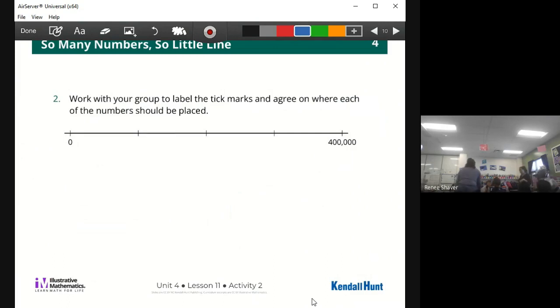Decide what you counted by. Before you put numbers on yet, you label your tick marks. Label your tick marks.